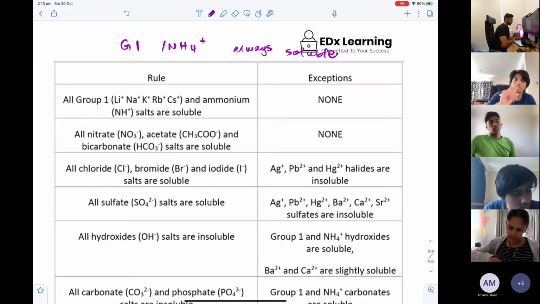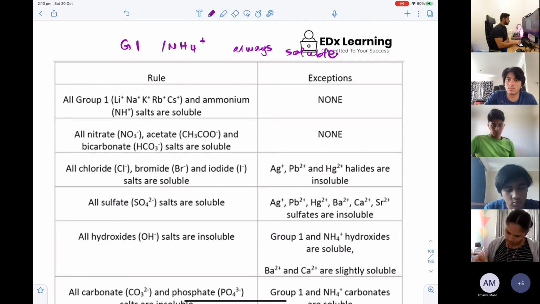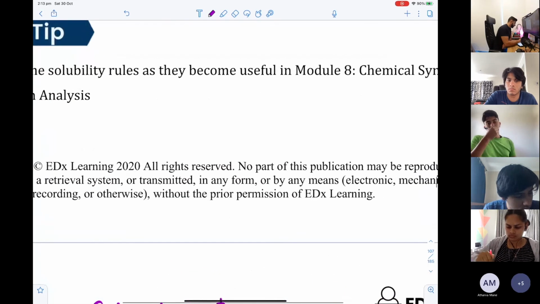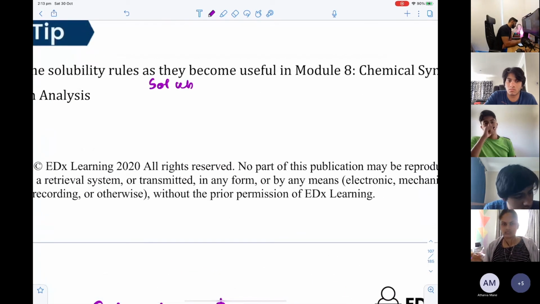Very good. Does that make sense so far? Okay. The next thing I do is I break it into little classes. So there are soluble anions and insoluble anions.